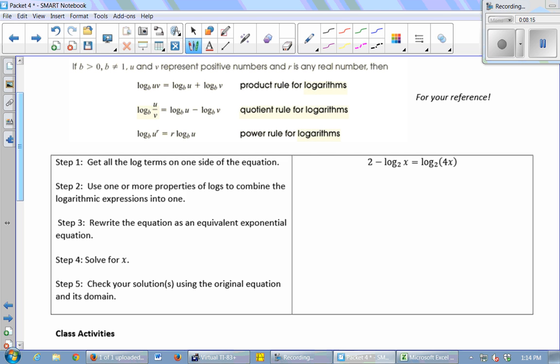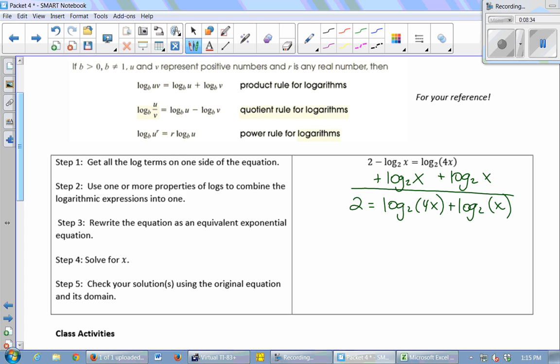So the first thing I want to do is collect all the logarithms on one side of the equation. So I would add log base 2 of x to both sides here. So I get 2 equals log base 2 of 4x plus log base 2 of x.